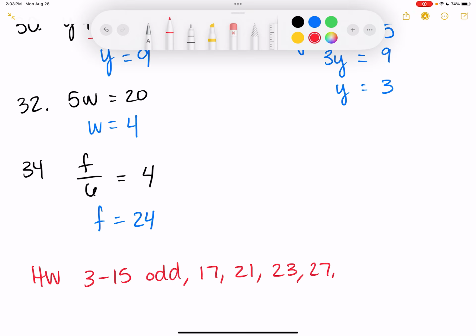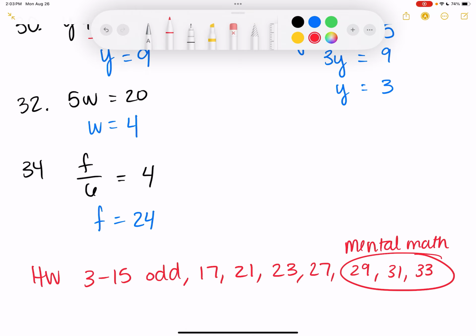And then the mental math questions, I'll write above it, mental math. That doesn't require work are 29, 31, and 33. Those three right there don't have to have work. Everything else should have some level of work to it. Obviously, writing the sentence out, there's only so much work that can come with that because you're just writing words into math.